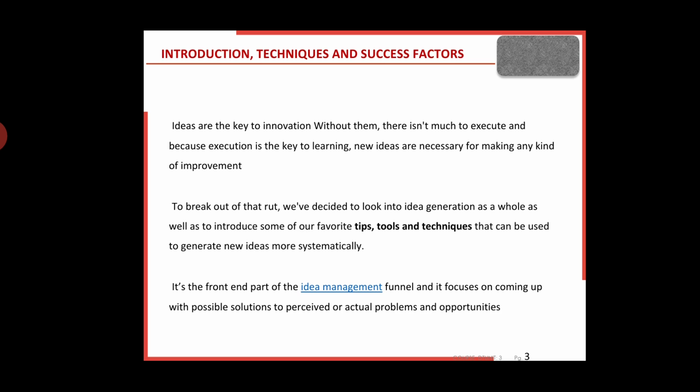To break out of that, we have decided to look into idea generation as a whole, and to introduce some of our favorite tips, tools, the components you need, and the best techniques in idea generation that can be used to generate new ideas more systematically.